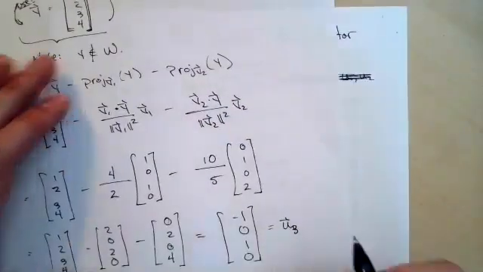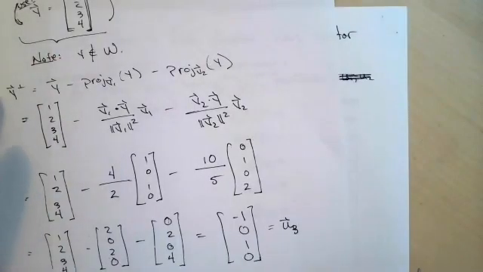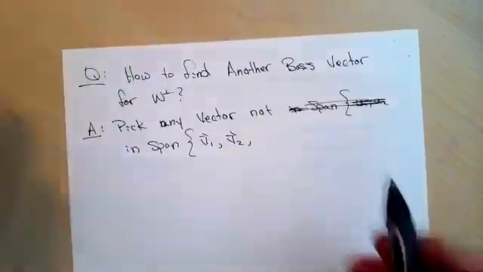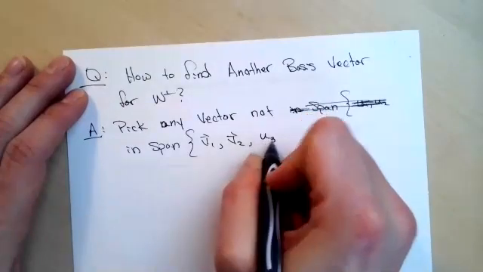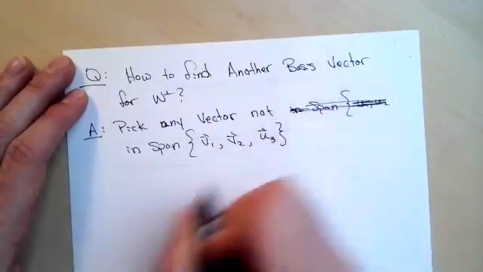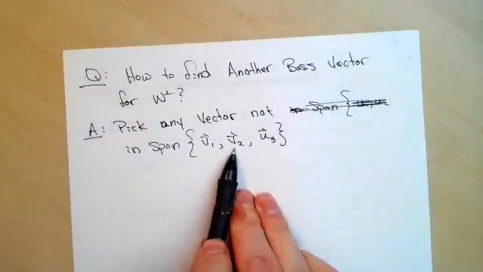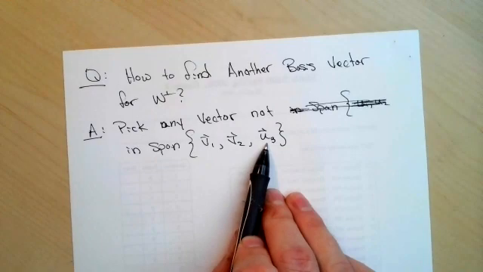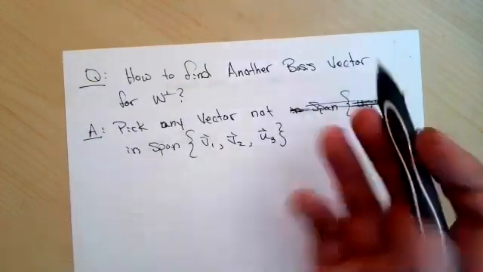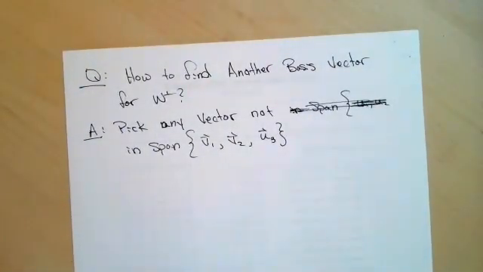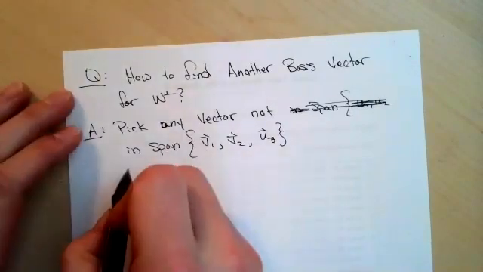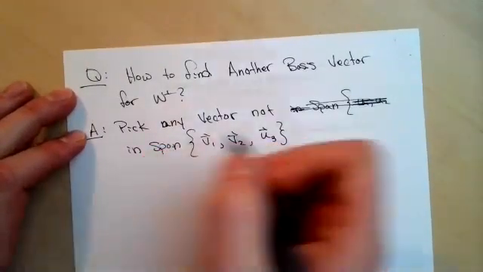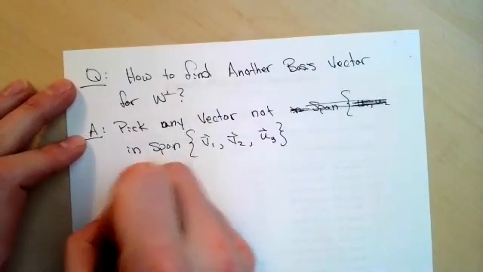I want to call it U3, just so we keep the numbers in order. So, right, those two span W. This is the starting vector that's going to be part of the span of W perp. We just need one more. So pick something else that's not in the span of those three vectors, and then make it orthogonal to everyone.